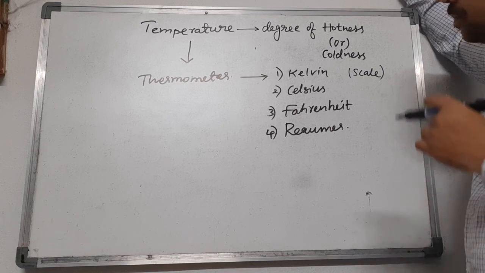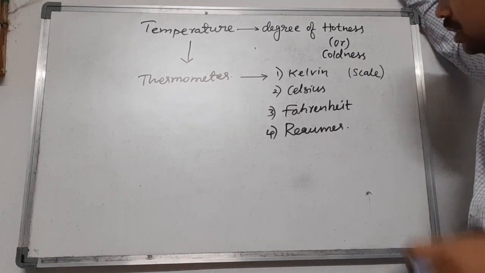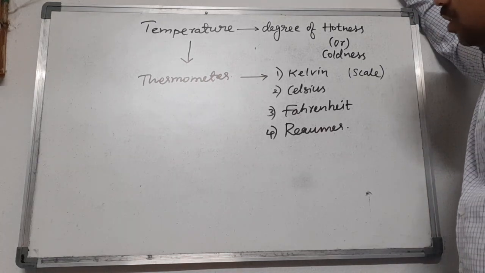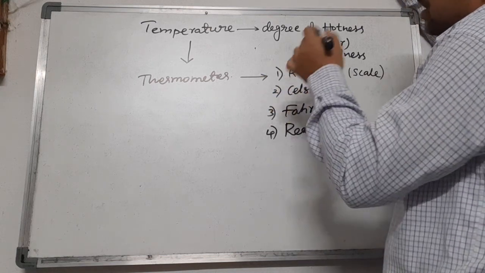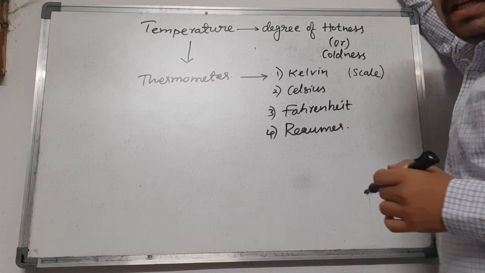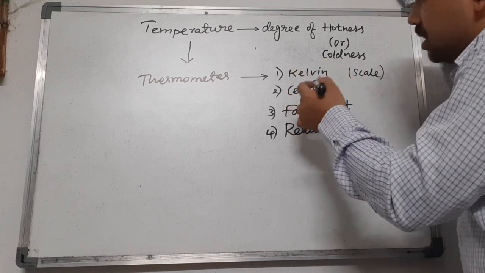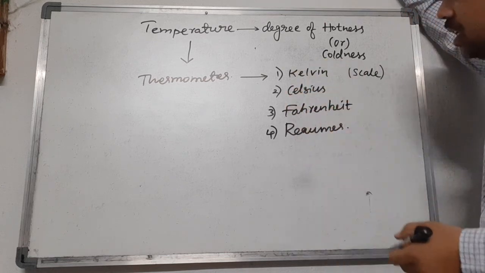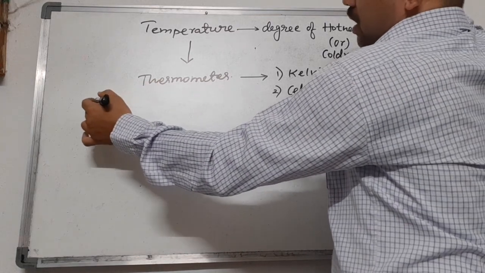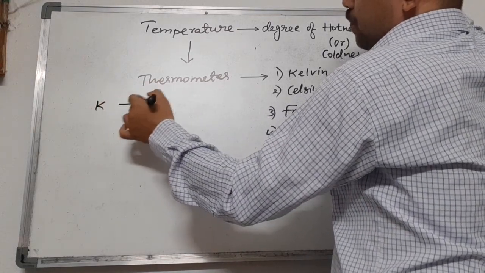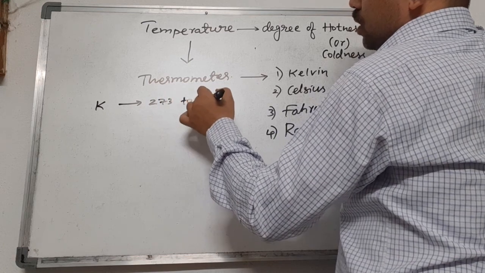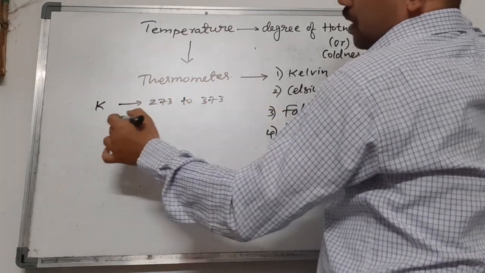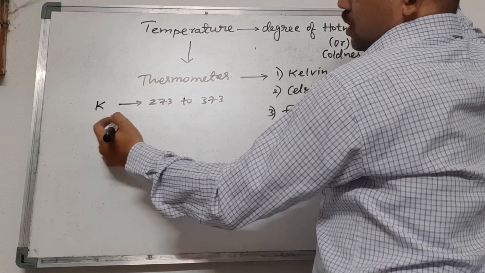And here, on these different types of scales, how is the scaling done on Kelvin scale, Celsius scale, Fahrenheit scale and Reaumur scale? On Kelvin scale reading starts from 273 to 373.